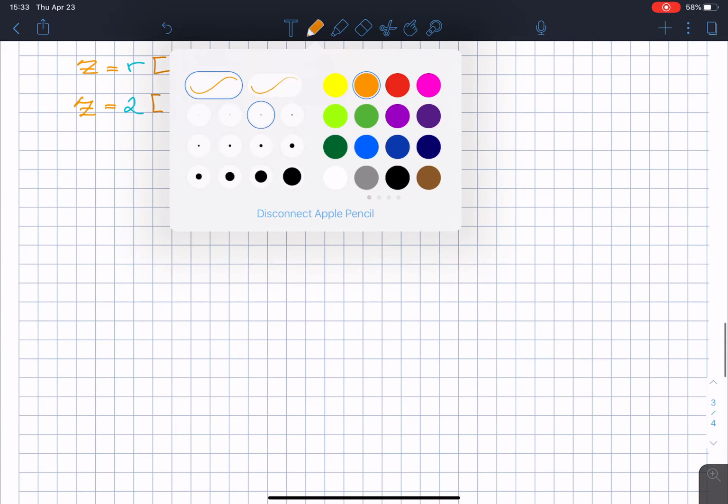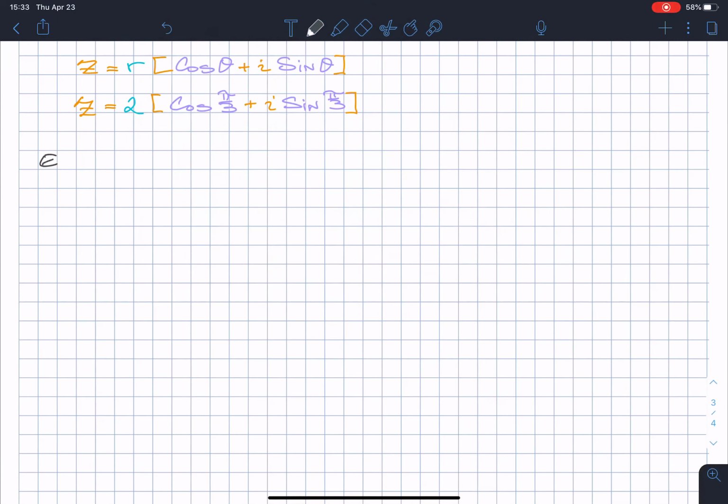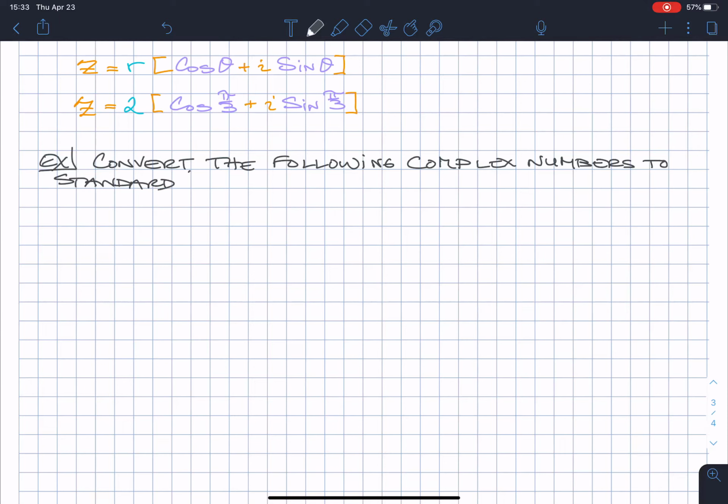Okay, so let's go backwards. So for example, let's convert the following complex numbers to standard form or rectangular form. So convert the following complex numbers to standard or rectangular form.